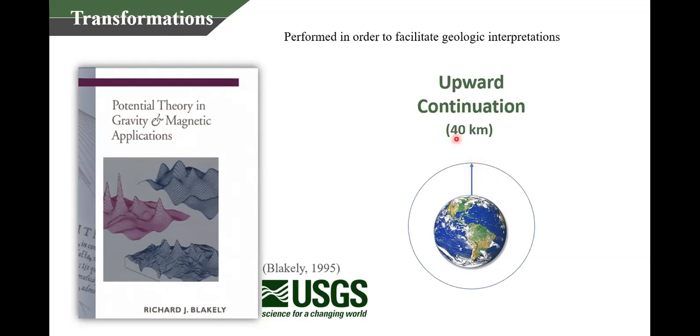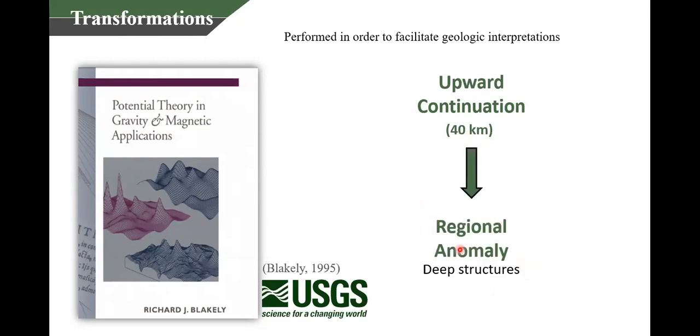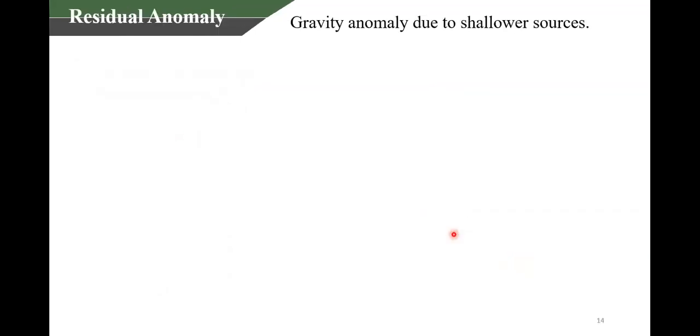In this case, I used 40 kilometers. So this enhanced the long wavelength of the gravity anomaly that is caused by deeper structures, giving us the regional anomaly. This is used in order to calculate the residual anomaly.